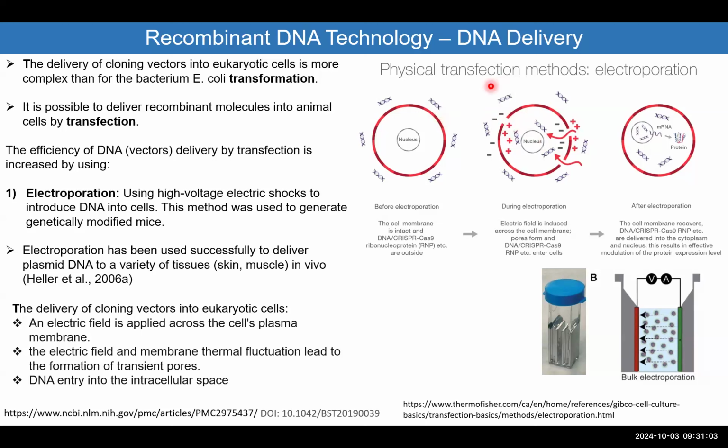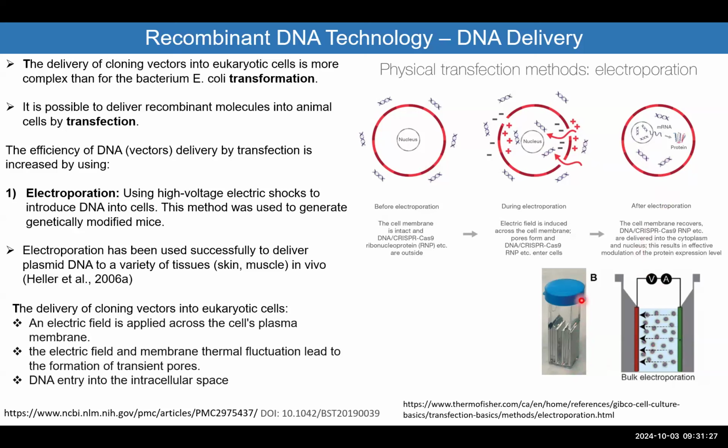Once the shock takes place, these pores allow the negatively charged DNA to enter the cell. And after the shock, when the recovery period takes place, the membrane will recover. Of course, many cells will die when you do this, but some cells will survive.